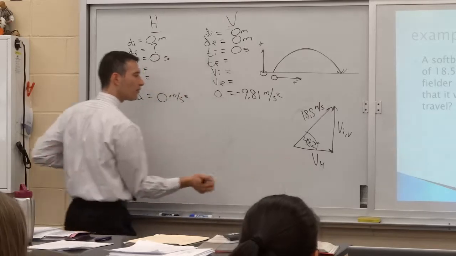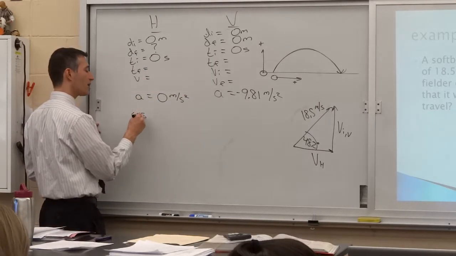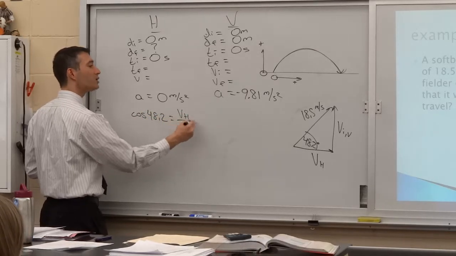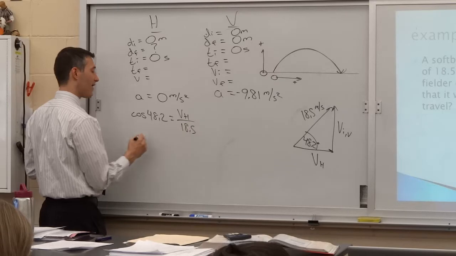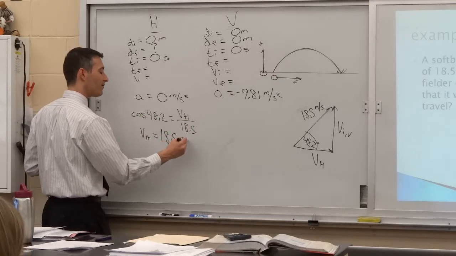So if I do the horizontal first, that's the adjacent side of the triangle. So the cosine of 48.2 would equal that adjacent side VH divided by 18.5. And then I can multiply both sides by 18.5.